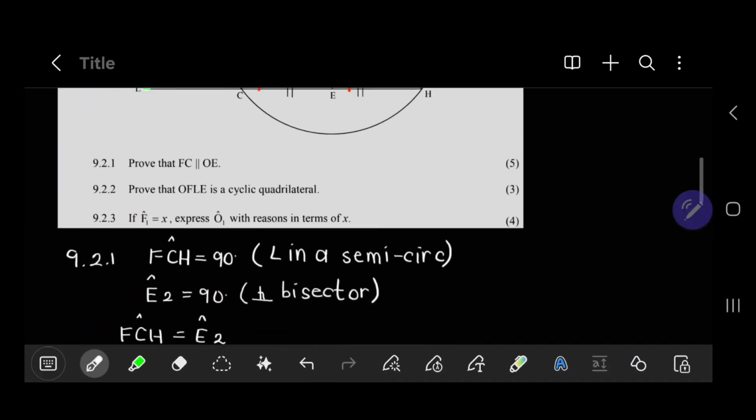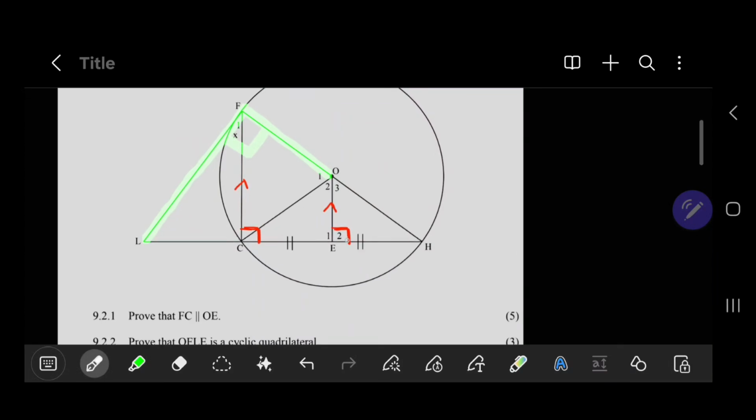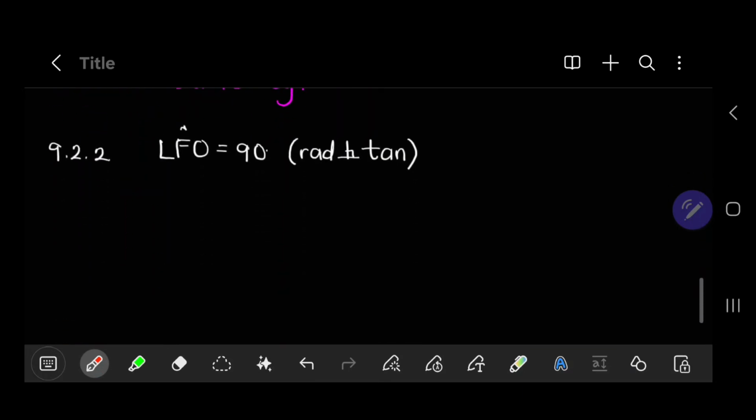Now from here, we're able to see that angle E2 and angle LFO is 90 degrees. So let's just write this better. There's LFO, which is 90 degrees. So let's say that angle E2 is equal to LFO, which is 90.